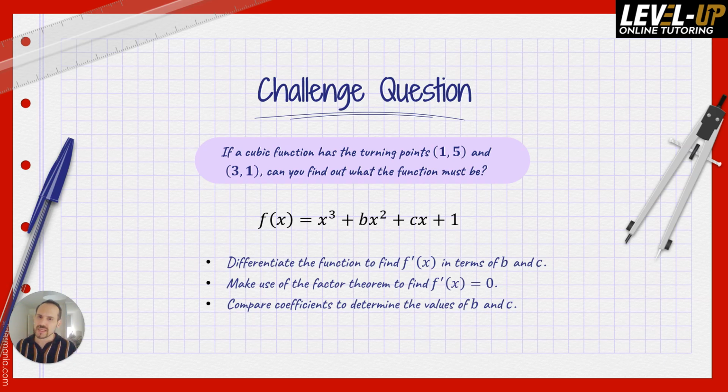We can make use of the factor theorem and the fact that those turning points occur when this derivative is equal to 0, to get a couple of different equations, which is what we need, isn't it? Because we've got two unknowns here. We need two equations, and then maybe comparing coefficients or simultaneous equations, we could find out what b and c are. So I've given you some tips there on how you could go about solving this. But give that a go. If you can work that out, then very well done, because that's a challenging problem.